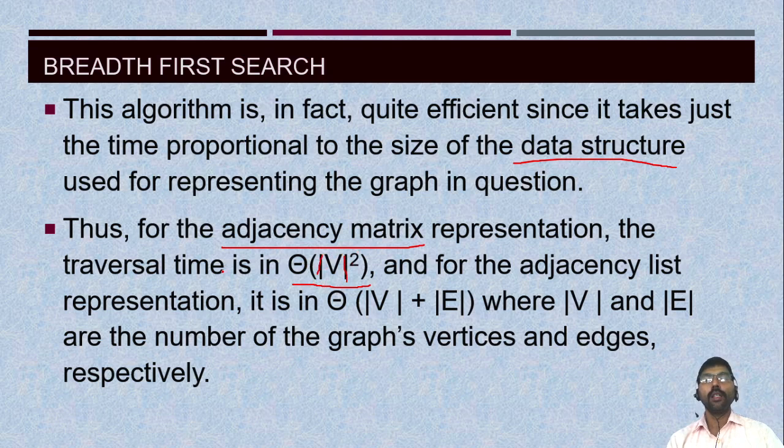If you use the adjacency list, its efficiency is calculated as big theta of the number of vertices plus the number of edges. That is the efficiency for the adjacency list.